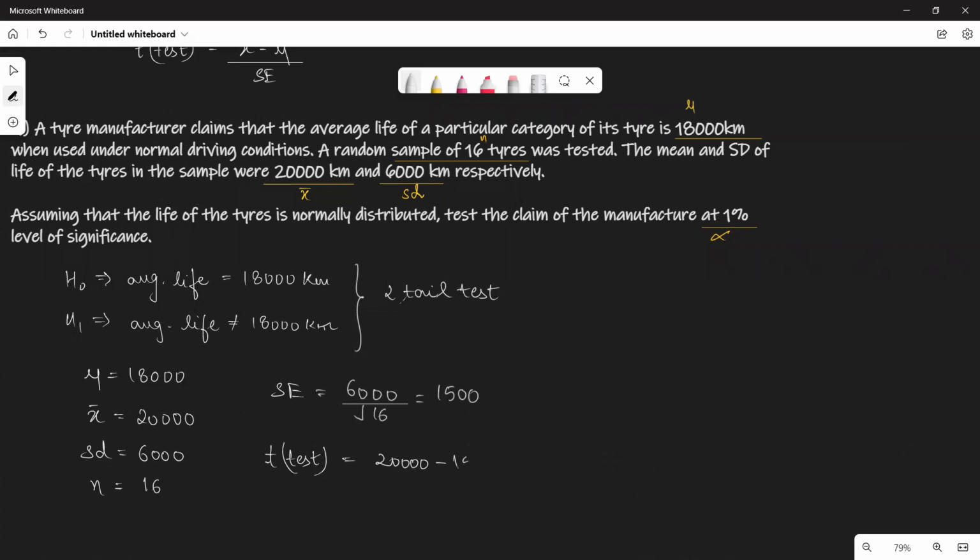I have not done anything new, exactly the same process we follow in the Z-test.